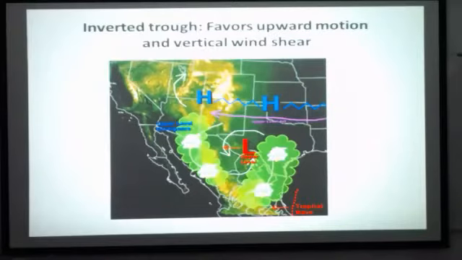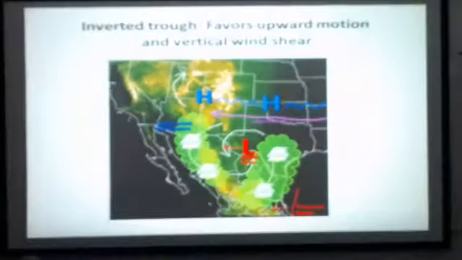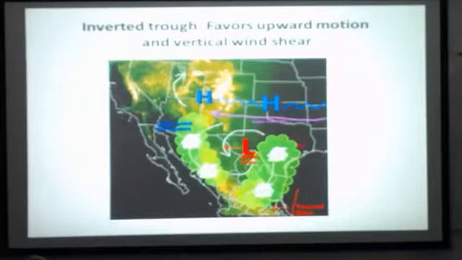Jamie also talked about the presence of an inverted trough. Just to give a little bit of background, these are upper level disturbances that tend to form on the southern side of the monsoon ridge. They take tracks along the southern side of the ridge going from east to west, and on either side, these are favorable areas for upward vertical motion, and they also contribute to enhanced vertical wind shear.